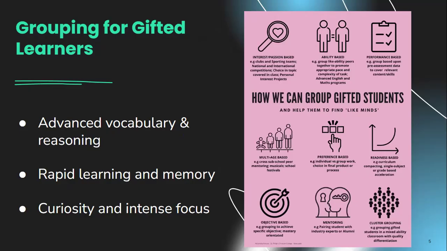Others of you may be a gifted teacher and you are in a setting where all of the students that you see are identified gifted. And so either way, you want to keep the grouping. You don't want to think of them within the context of the whole school or the whole program.